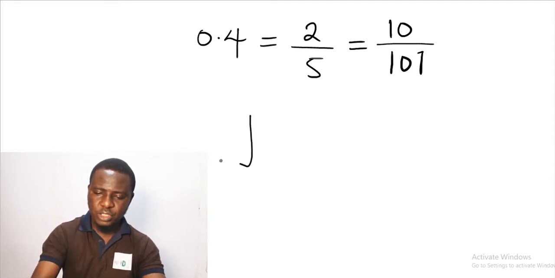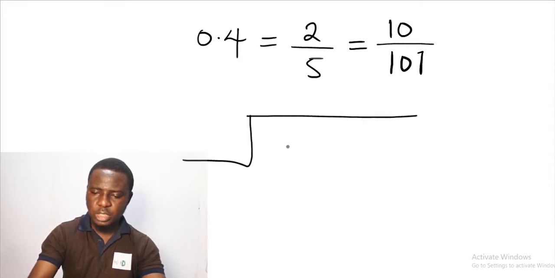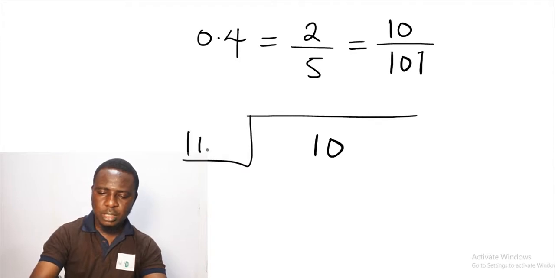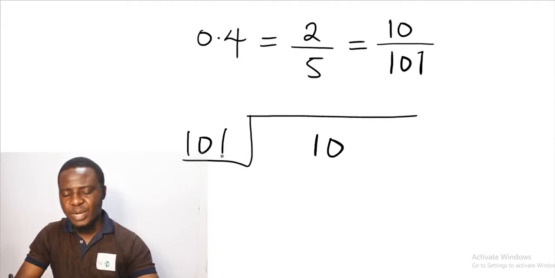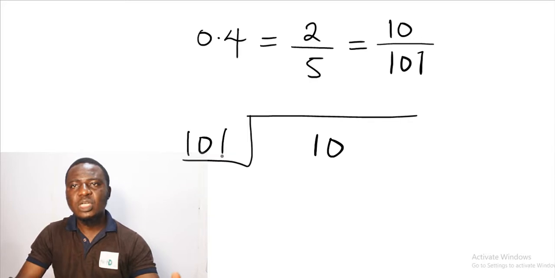So using the long division method, this goes into the square root sign. So this is 101 divided by 10, just like I said in the previous class.